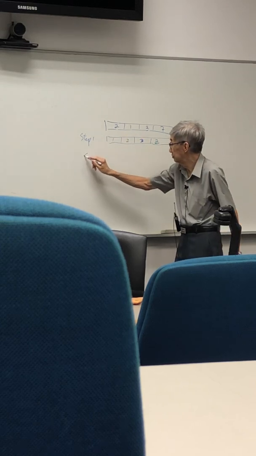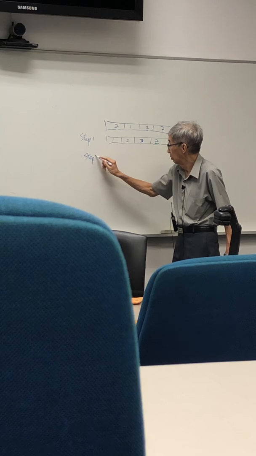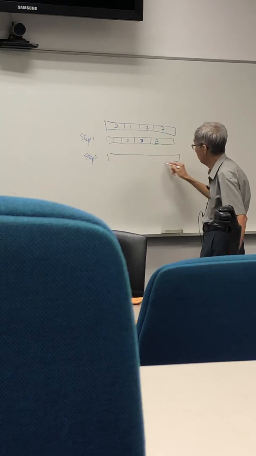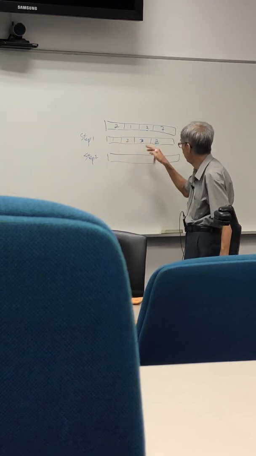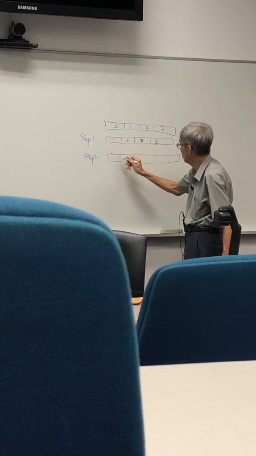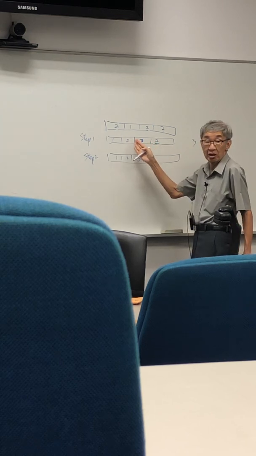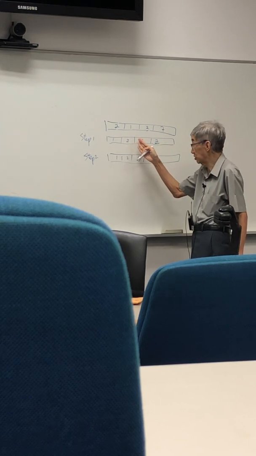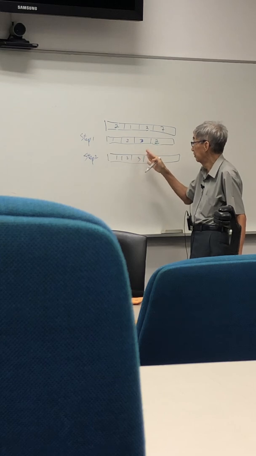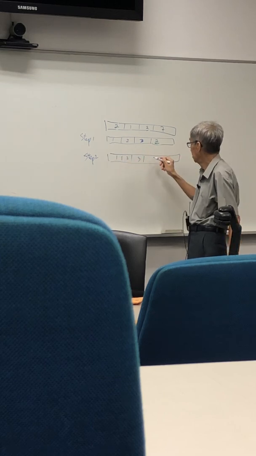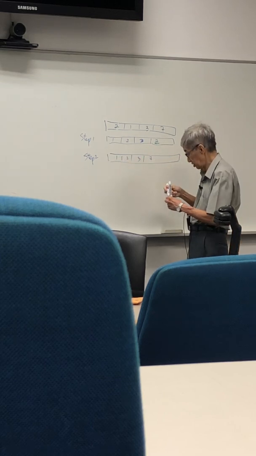Then step 2. We still carry out step 2, compare again, compare these 2 in order, compare these 2 in order. You compare until all the elements in the unsorted part are compared, then that means this step is finished, so this element is sorted already.